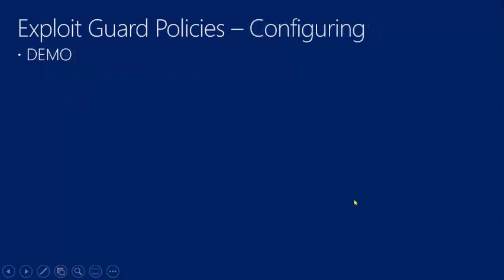Okay, so now we get to the configuring part, where we start to look at what's needed. I'm going to show you the settings that you will need to have enabled on a device, using group policy. There is no specific requirement to use group policy to enable these settings.